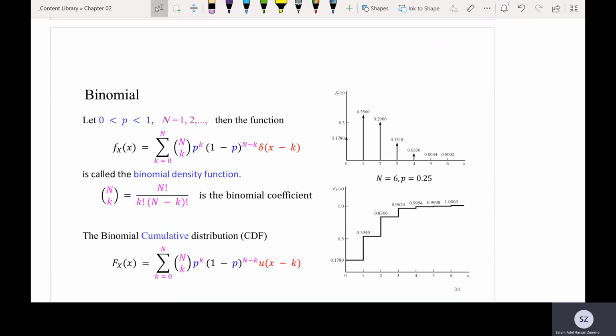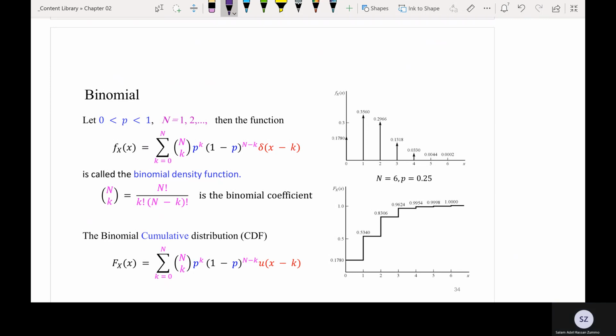Remember the Bernoulli trial? Does somebody remember the Bernoulli? Two options. Basically, you have an experiment with two outcomes. Head or tail, pass or fail, whatever. Where one has a probability of P and the other has a probability of 1 minus P, right? And we asked this question in chapter 1: if I repeat the exam n times, what is the probability that I pass K out of n times?